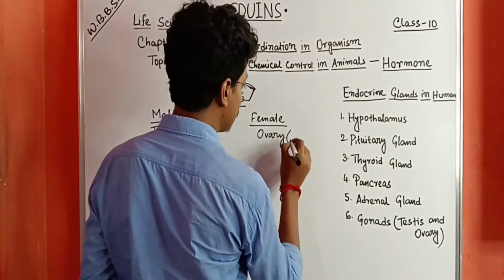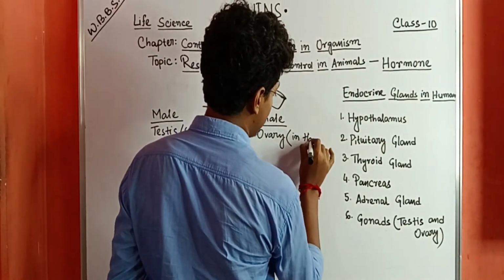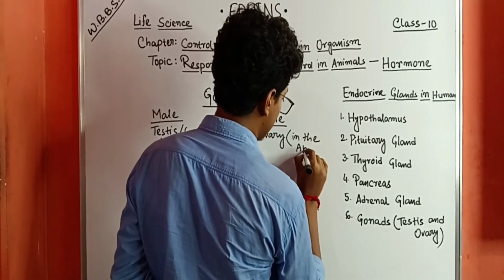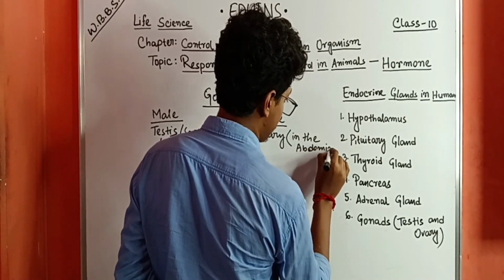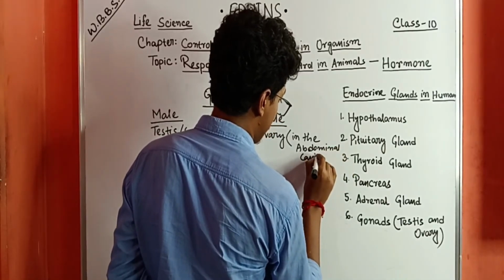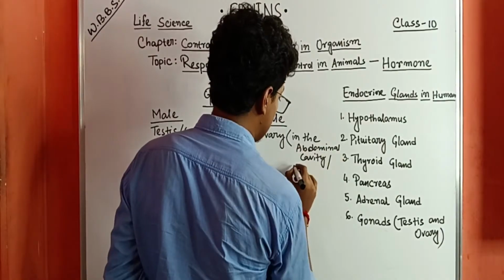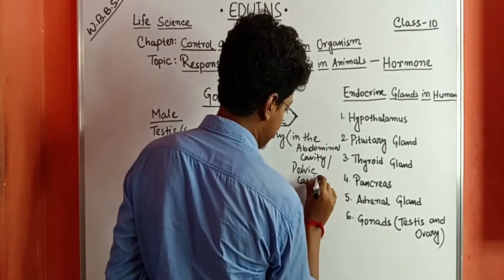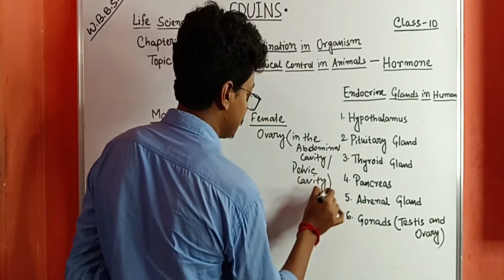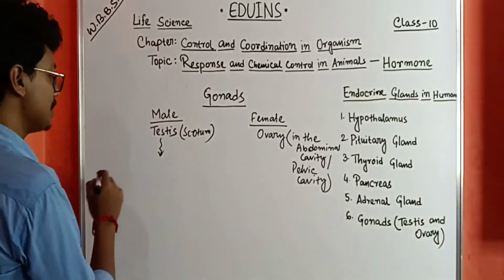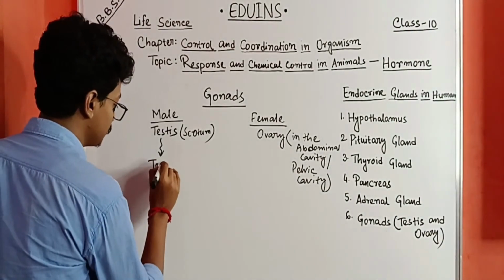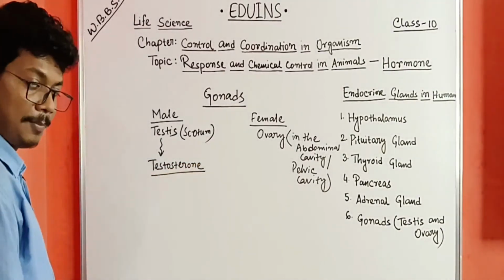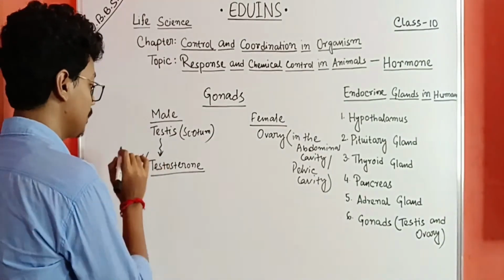The ovary is in the abdominal or pelvic cavity. The testis releases the hormone testosterone. This is the male reproductive hormone.